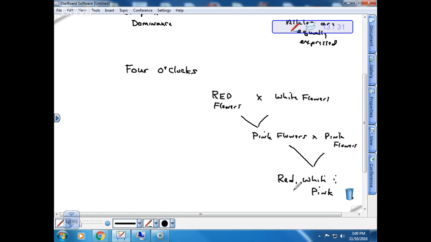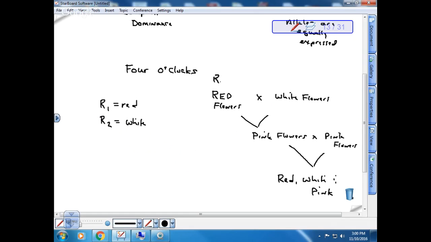Okay. So in this case, because it's incompletely dominant, we're going to use R1 and R2. R1 codes for red, R2 codes for white. Notice that it's the same gene, but because it's incompletely dominant, I didn't want to use a little r, okay?